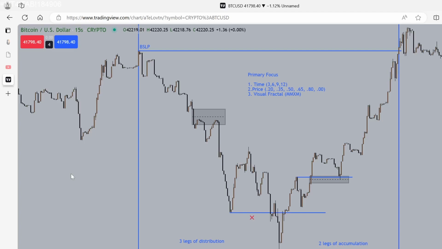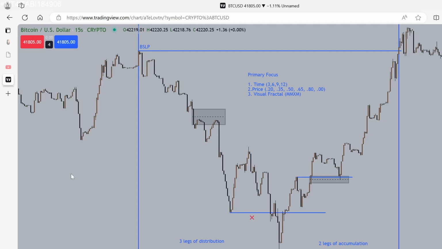Time is very, very important. We need to understand that highs and lows in the marketplace are going to be made at certain times of the day. Volume, volatility is going to be injected at certain times of the day.